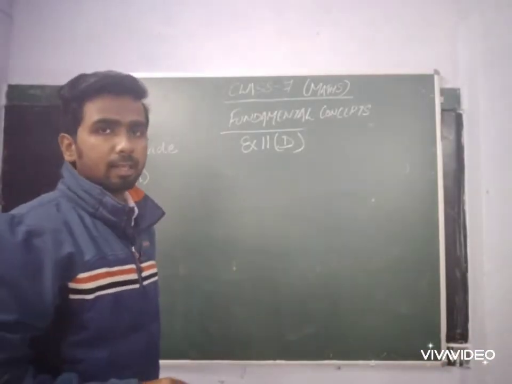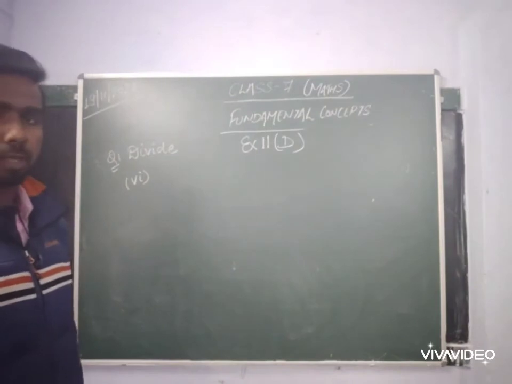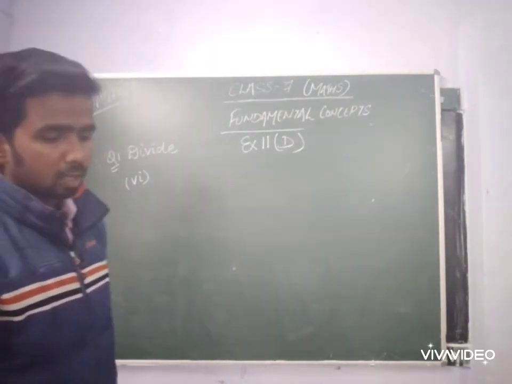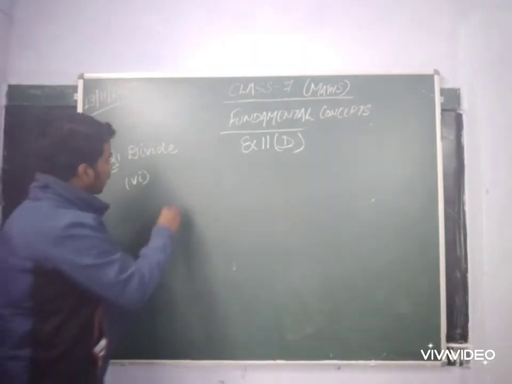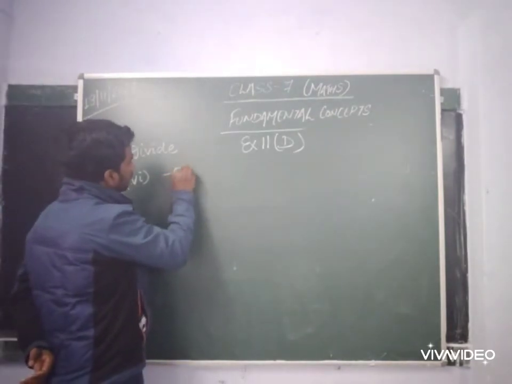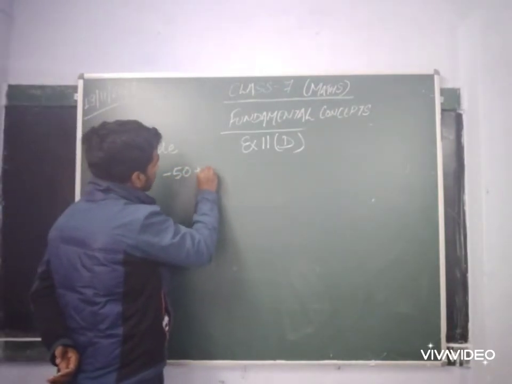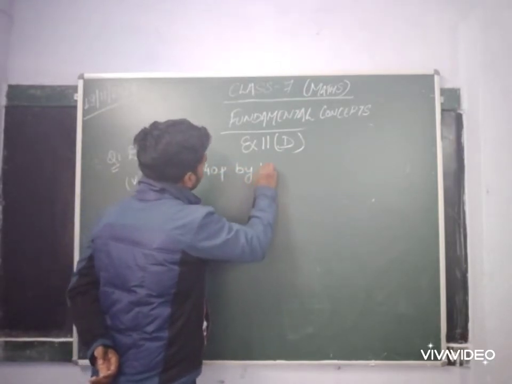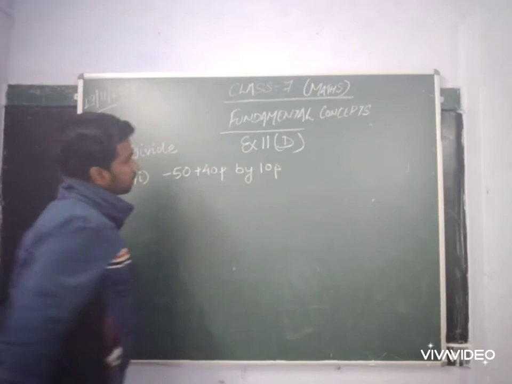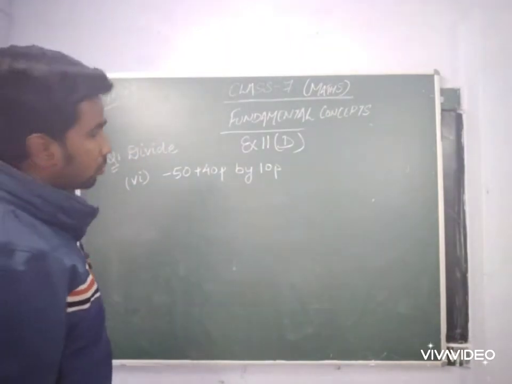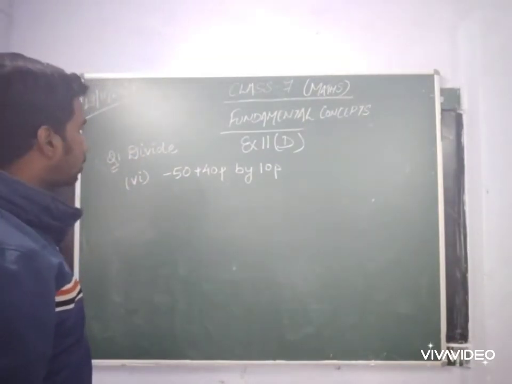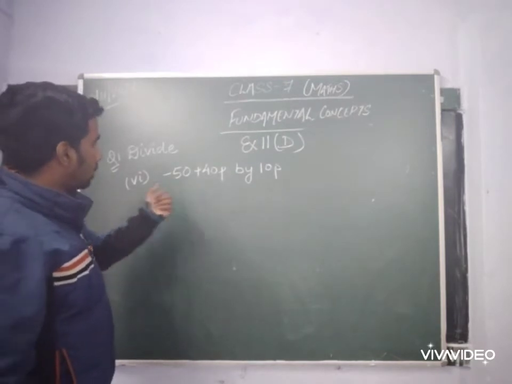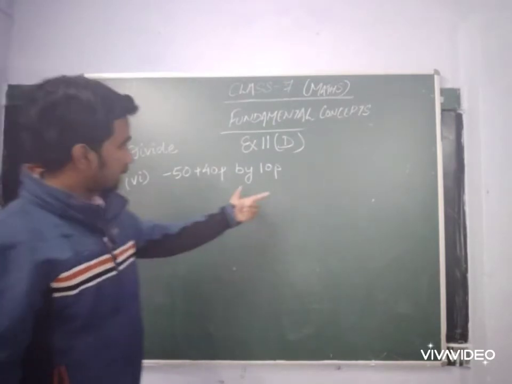Now let's see the next part of question 1. Okay, and that is your sixth part. Sixth part is saying that minus 50 plus 40p by 10p. Clear? So what we will do, we will take each term, because this is a polynomial and this is a monomial.